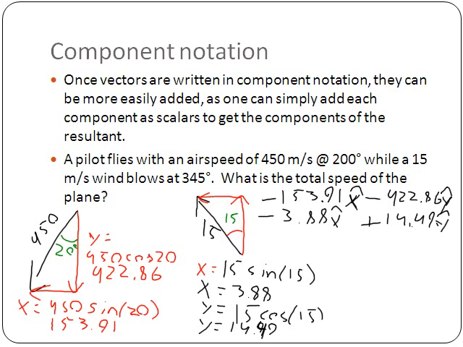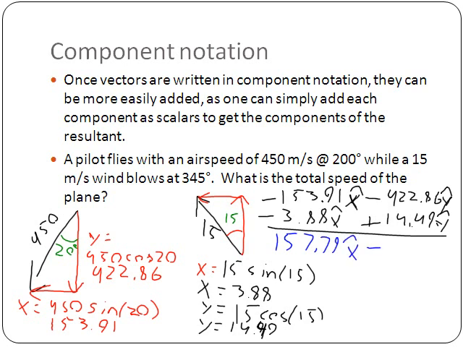Now we simply have to add them up. Going across, negative 153.91 minus 3.88 gives us a total of negative 157.79 x hat.